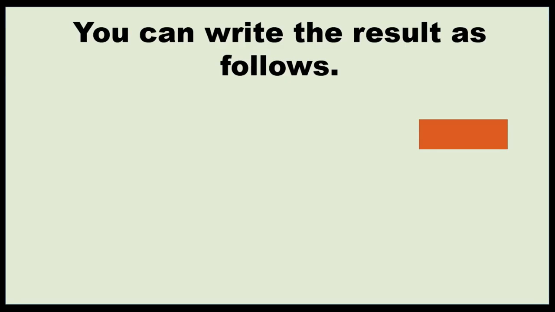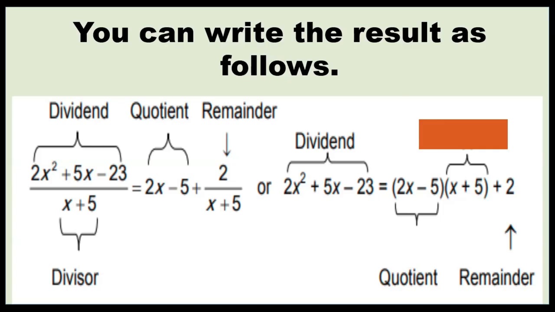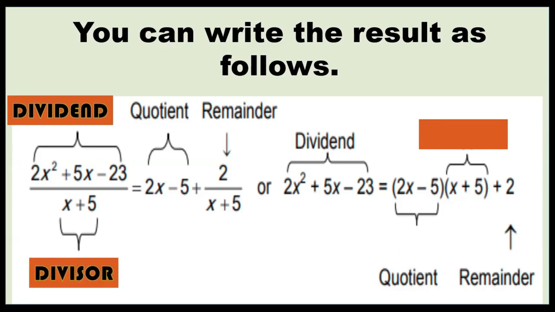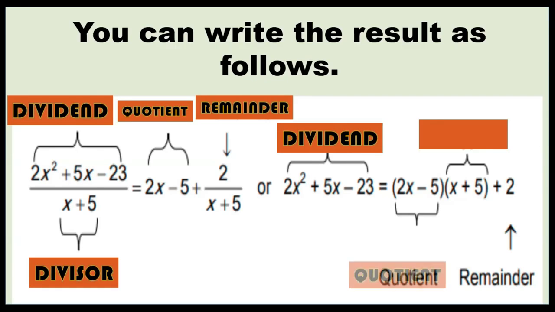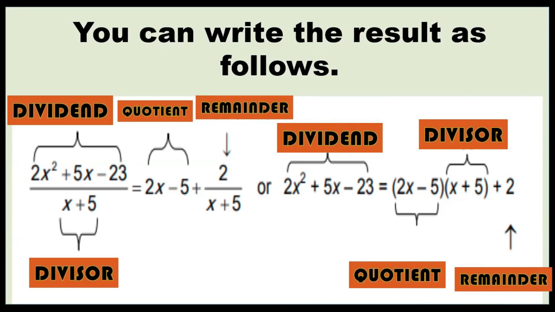You can write the result as follows: the dividend over the divisor equals the quotient, 2x minus 5, plus the remainder 2 over the divisor.